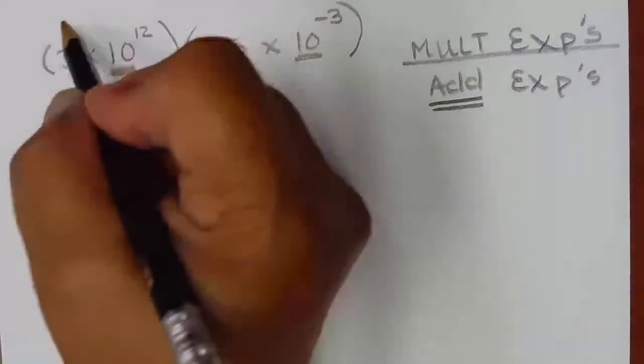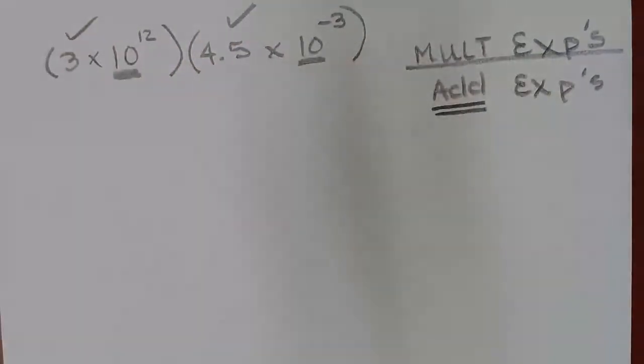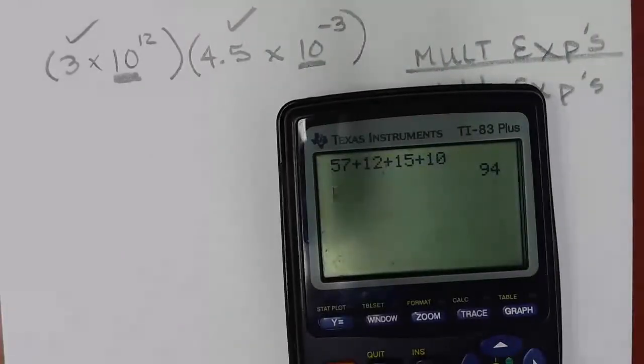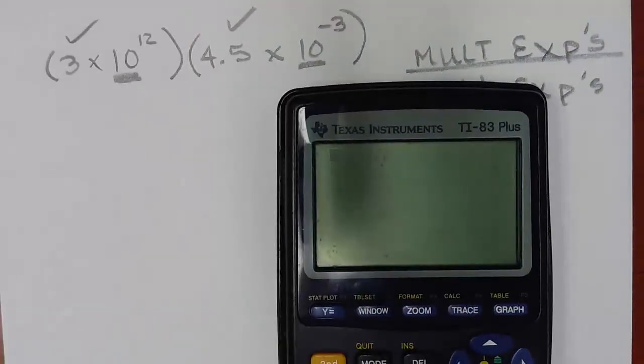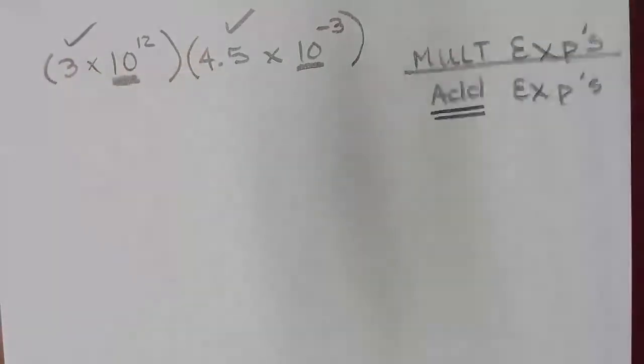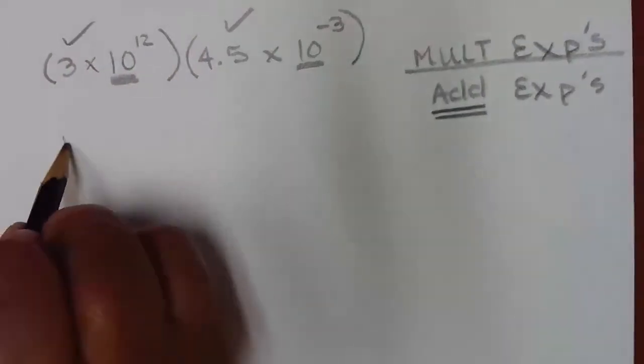The coefficients, which are 3 and 4.5, you can handle those in the traditional sense. You're multiplying, so go and multiply them in your calculator. And the lesson notes packet talked about that, 3 times 4.5. And I did several demonstrations of this, that you use the calculators to handle the front numbers, which are called the coefficients.